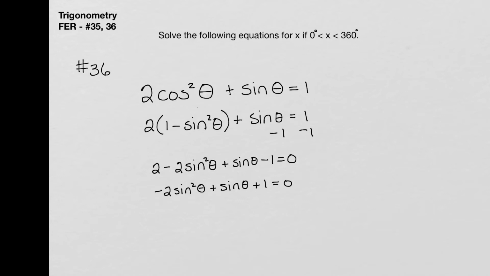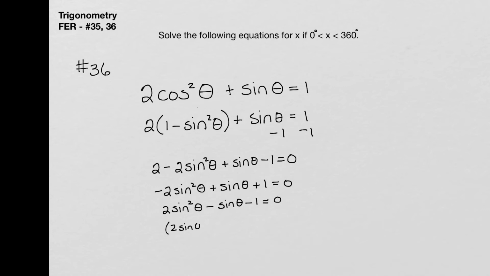And now I can merely multiply both sides by -1, and that'll turn my leading coefficient positive, which is the one I worry about the most. All right, so now I'm ready to factor, and this factors nicely.